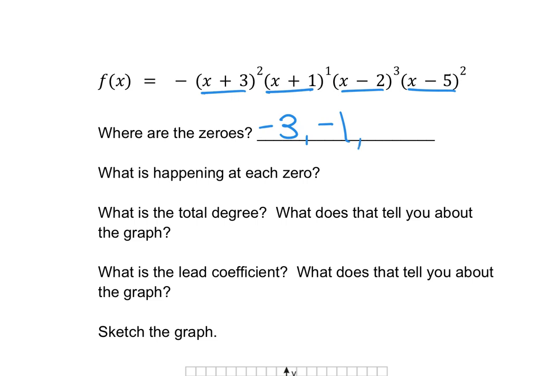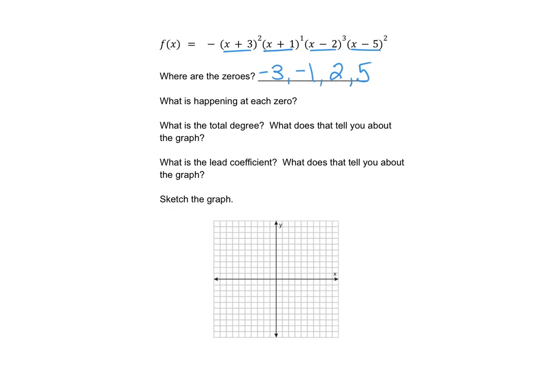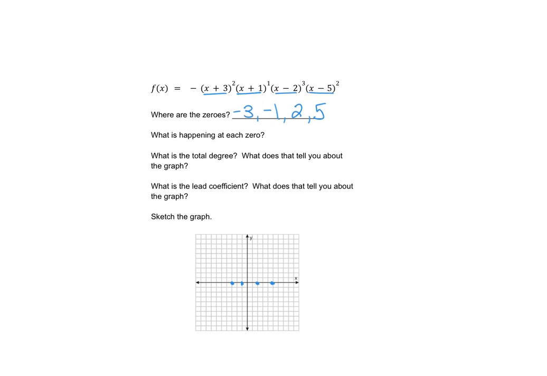X minus 2 equal to 0 means we'd have a 0 at 2, and then at 5 as well. Those are the spots we're going to mark on our graph down here: negative 3, negative 1, 2, and 5.